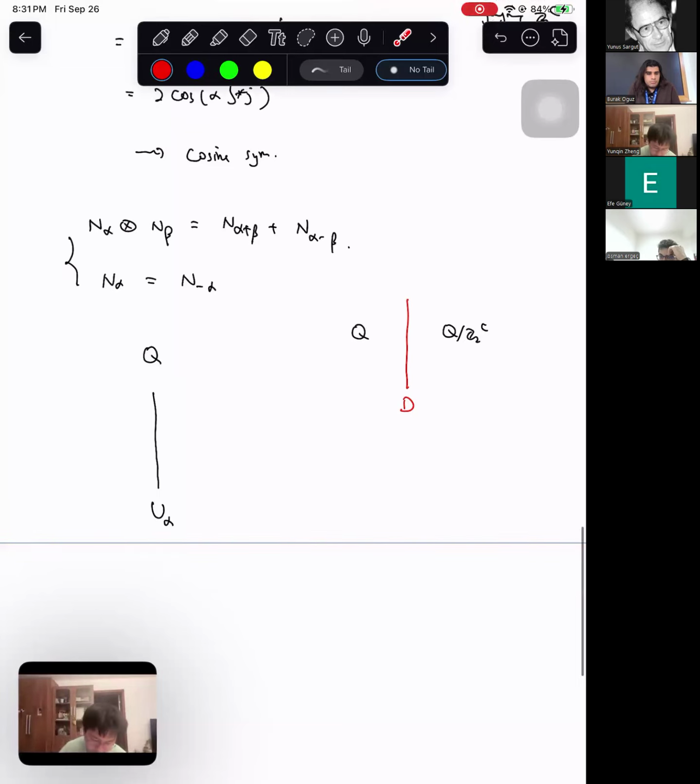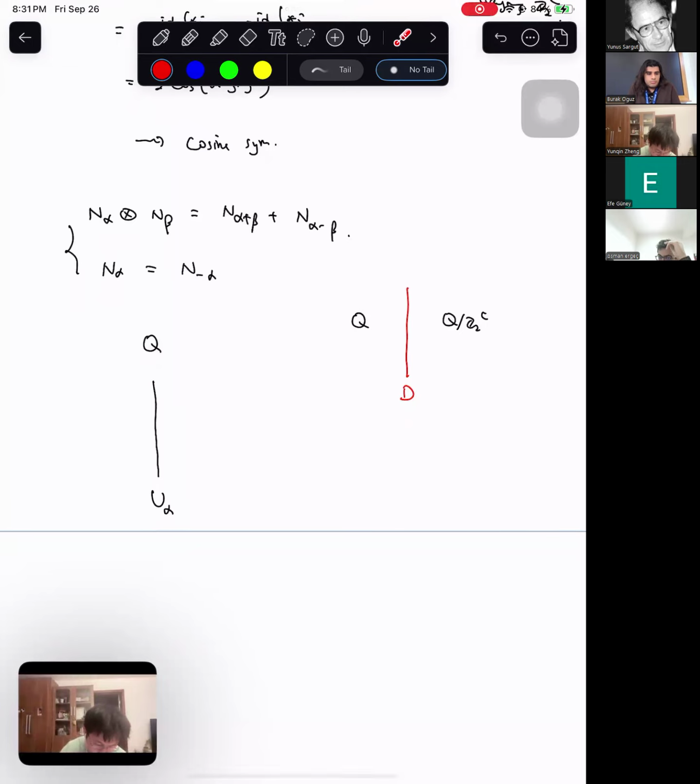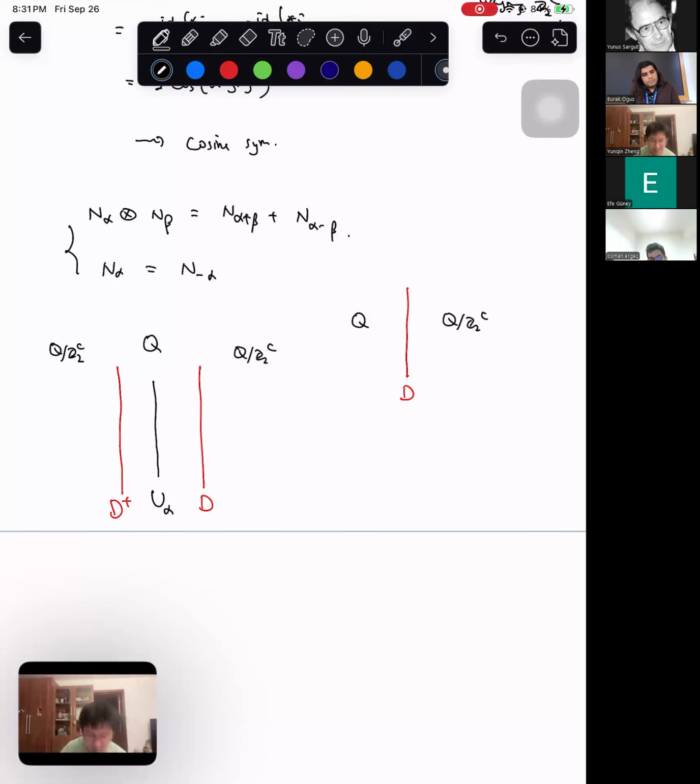Okay. Now, in order to see what is the consequence of this operator after gauging the charge conjugation, what you need to do is just to sandwich this operator using the two gauging interfaces. So you have D here, you have D dagger here. And the theory on this side is Q mod Z2 C. On this side is also Q mod Z2 C. And because these interfaces are topological, we can make this slab very, very thin.